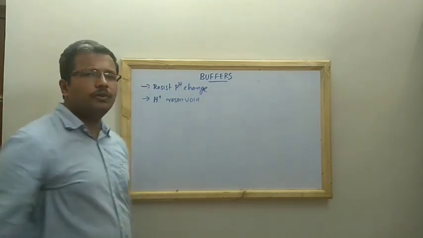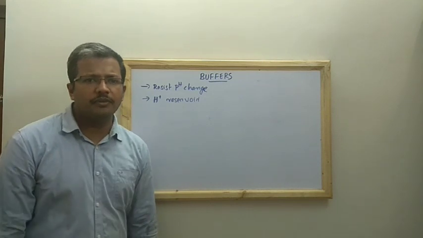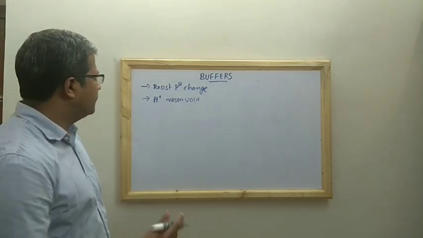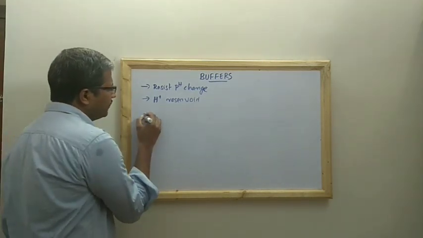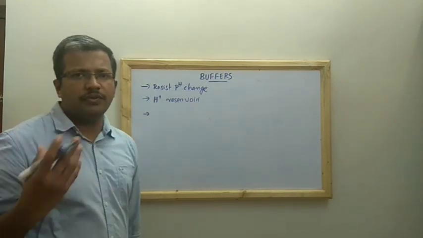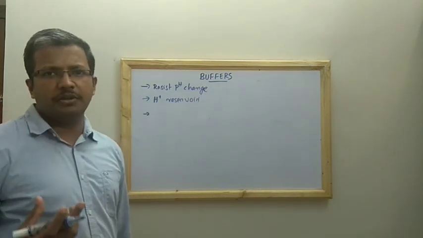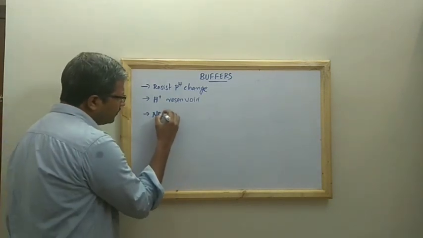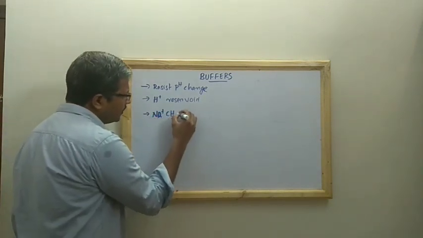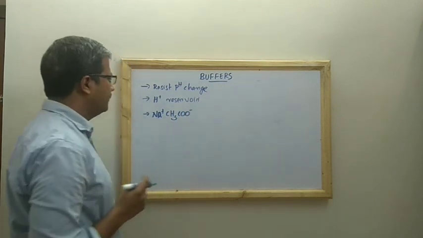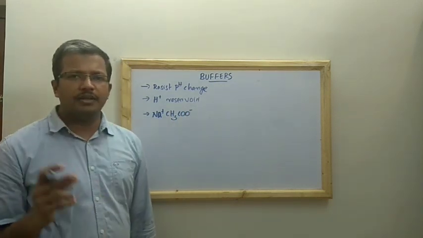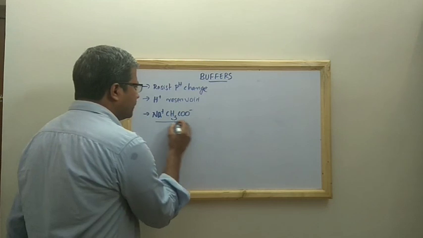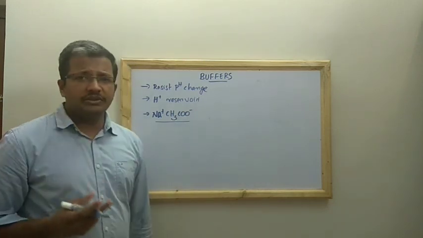Okay, now one of the best examples of a buffer in an outside or open system is sodium acetate. You can see here Na plus CH3COO minus. Sodium acetate is a best buffer in the open system.